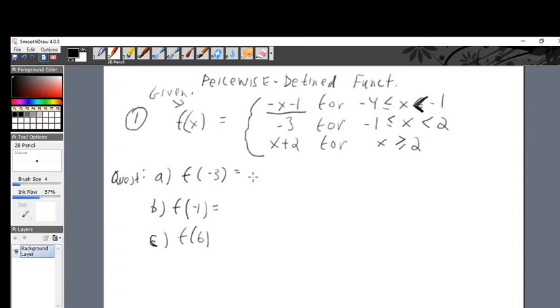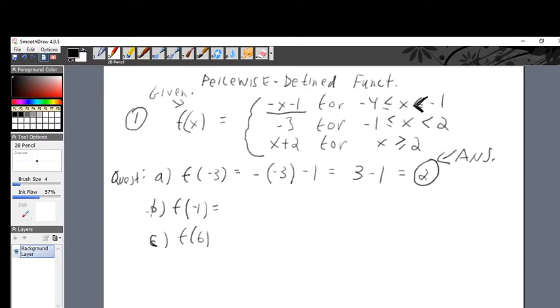So let's do negative 3. That's what x is. Negative of negative 3 minus 1, which is equal to positive 3 minus 1, which is equal to 2. And here's the answer.